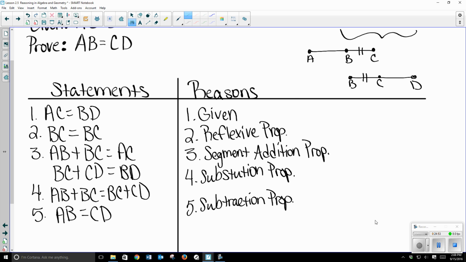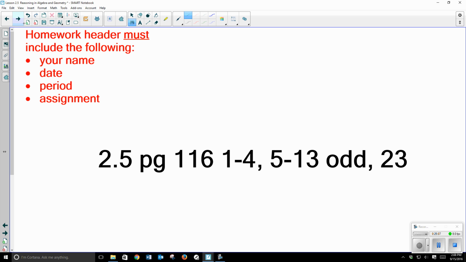You may be looking at this and going, how in the world am I going to do this? Well, fortunately, turn to page 116 and 117. Look at number 4, look at number 5, look at number 7.